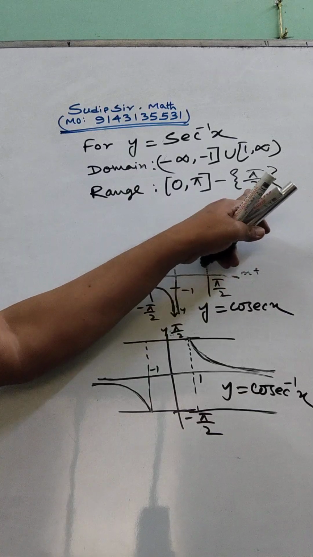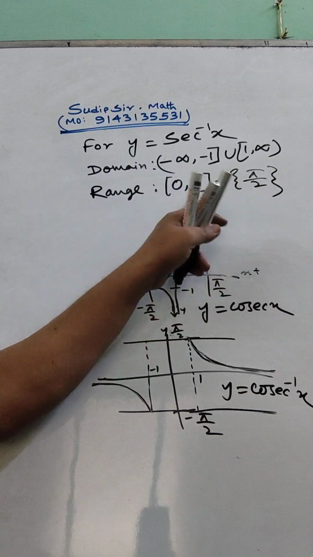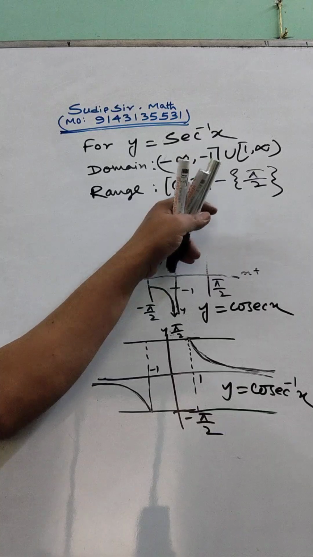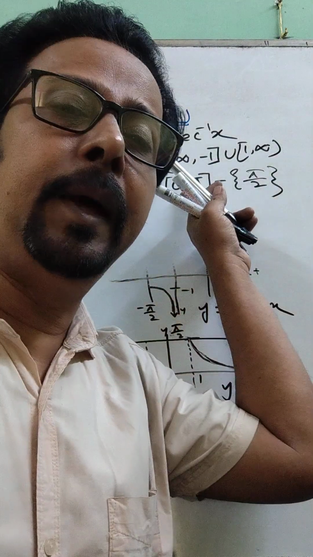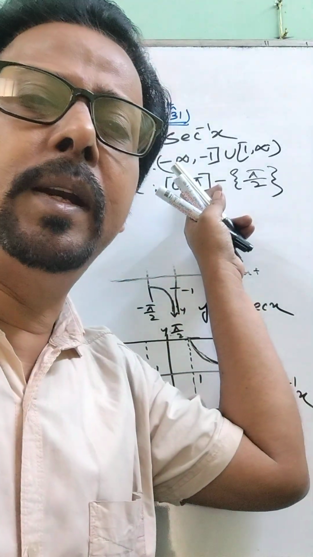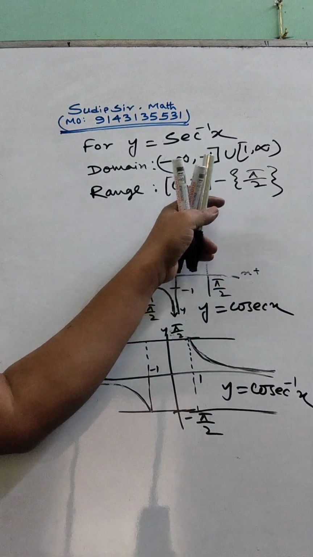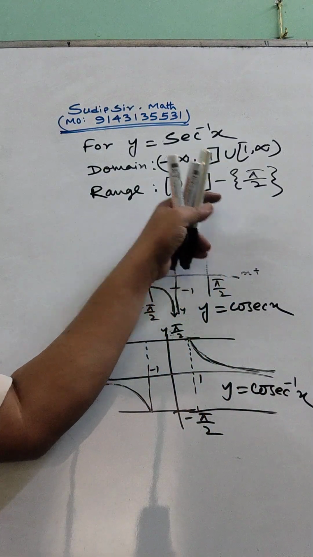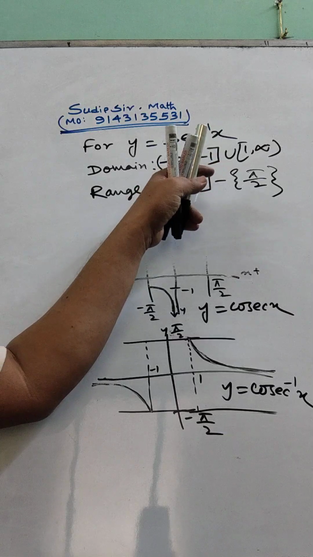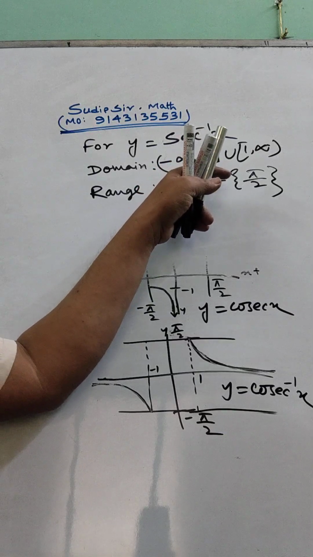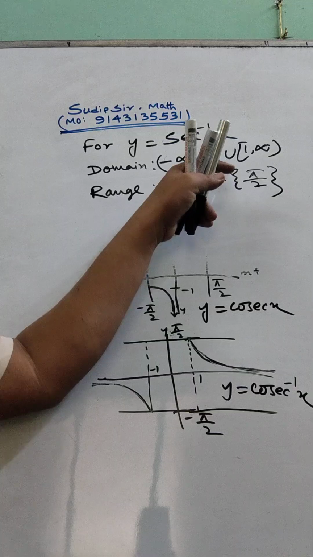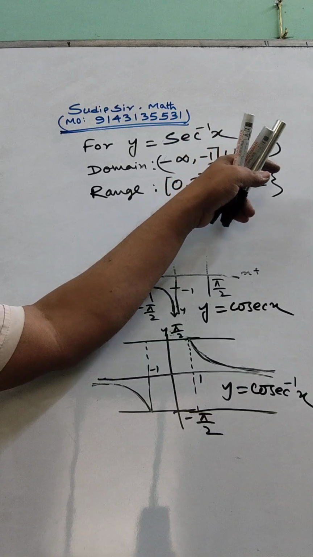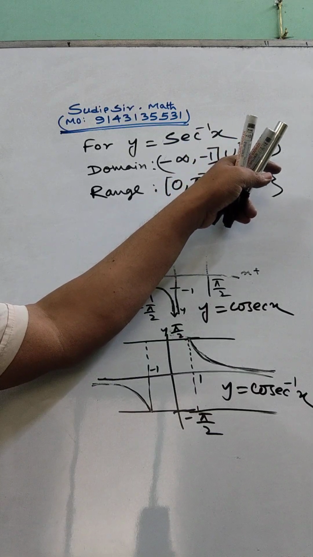So it will be 0 to pi in third brackets, that is a closed interval, but it does not take pi by 2. And the domain is minus infinity to minus 1, union 1 to infinity.